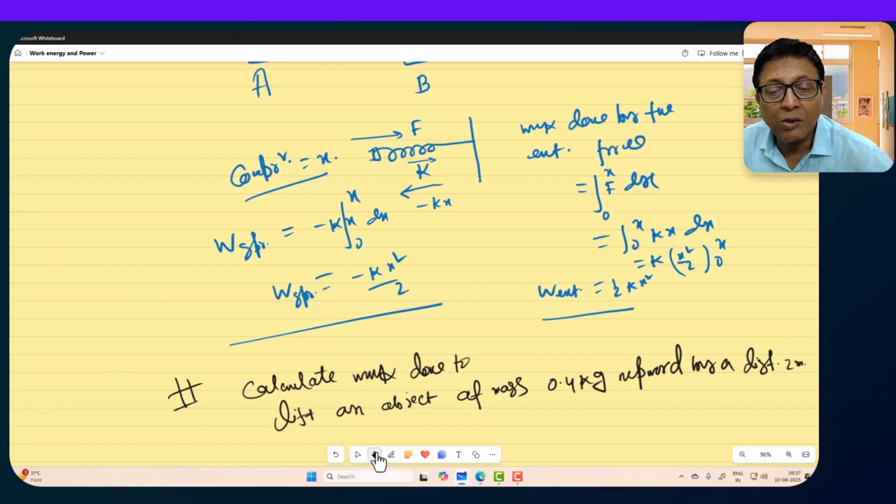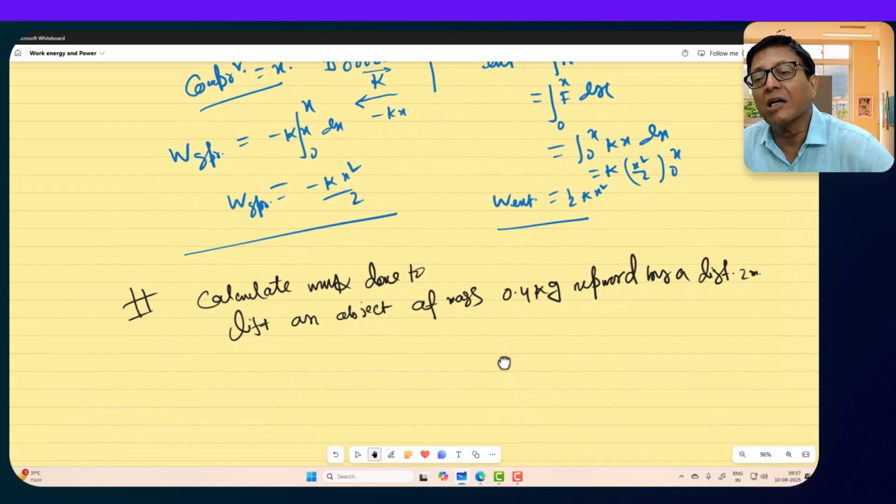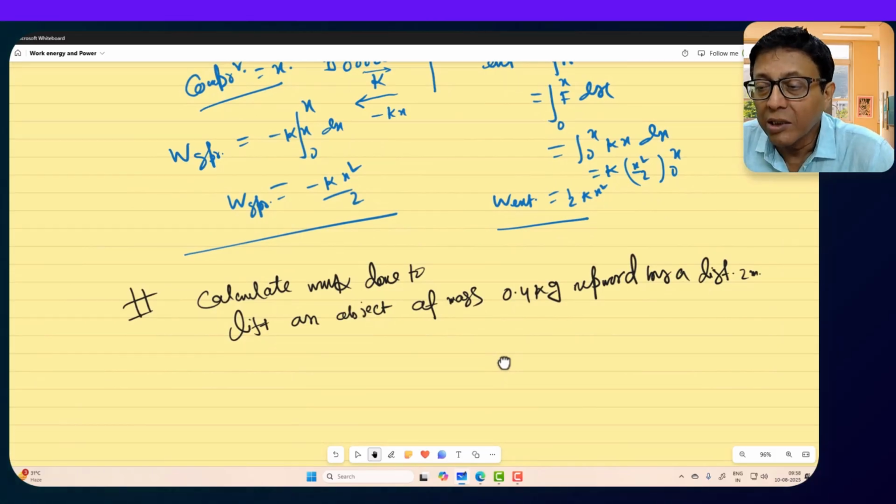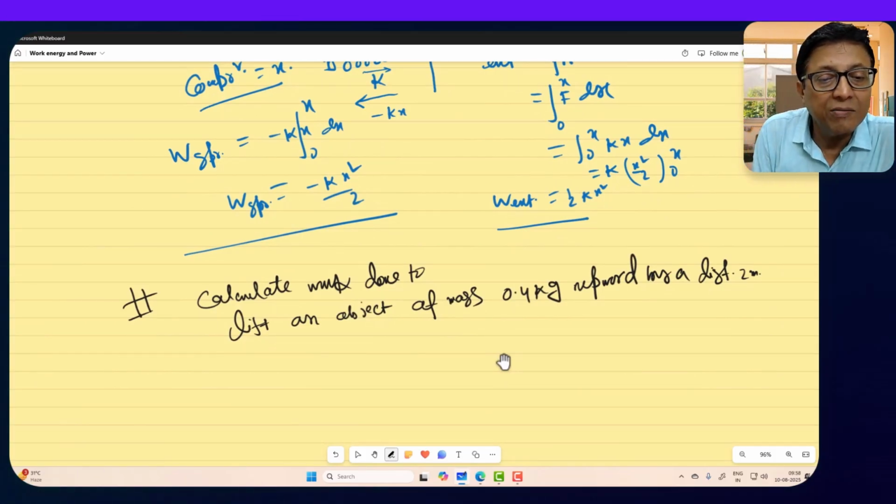Calculate the work done to lift an object of mass 0.4 kg upward by distance 2 meter.